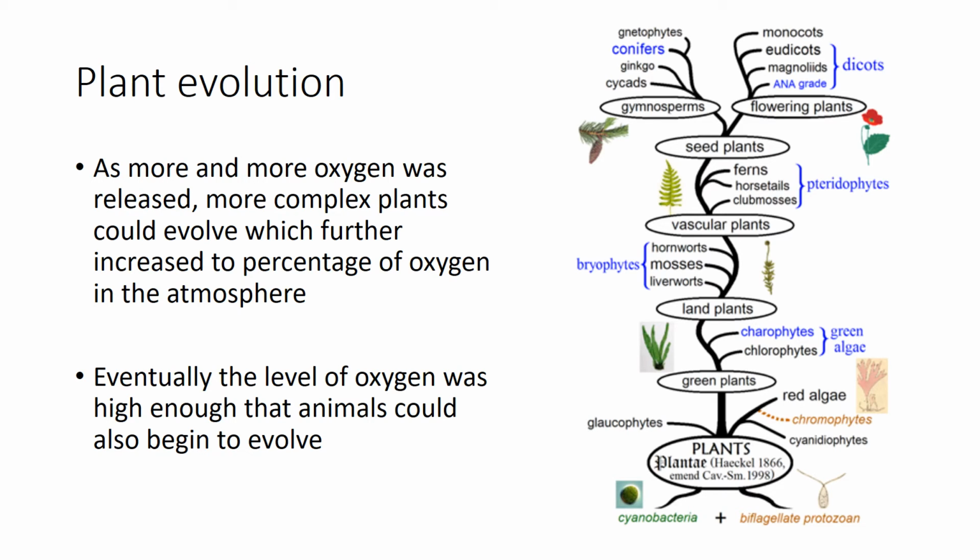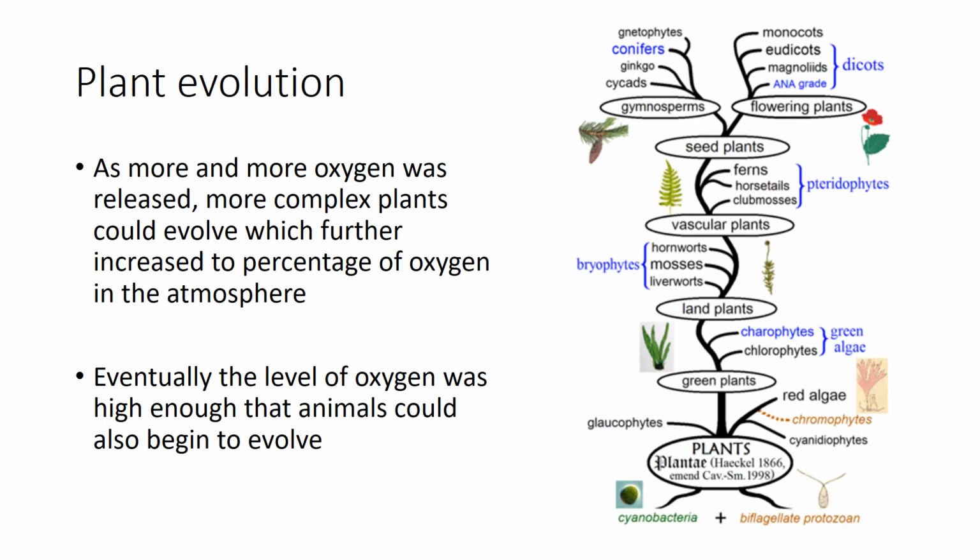So you can see in that diagram there, at the bottom you've got your earliest forms of life, cyanobacteria and a type of protozoan, which are thought to be the ancestors of all plants. And then as you move up the tree, as it looks like, you get your more and more complicated animals which have evolved.